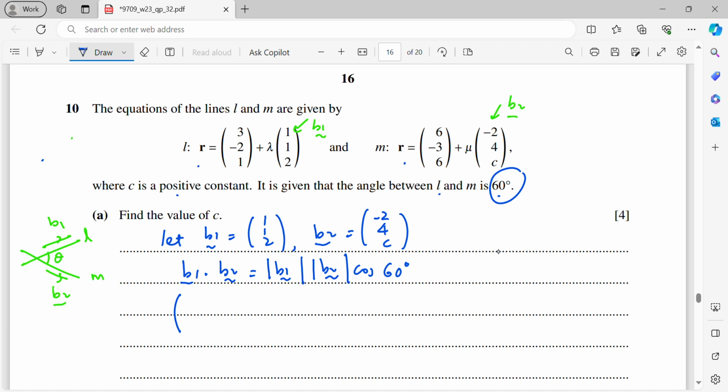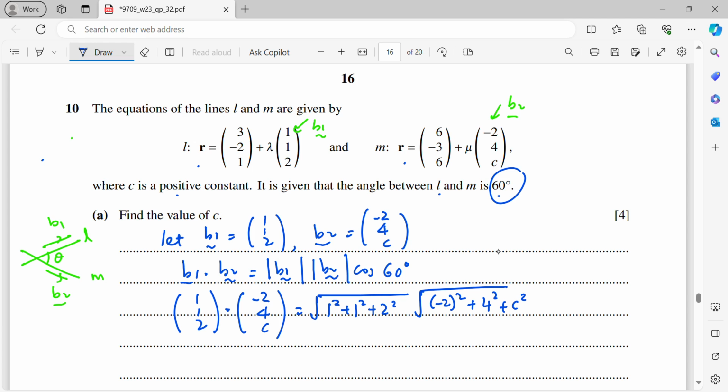So now (1, 1, 2) dot (negative 2, 4, C) equals square root of 1 squared plus 1 squared plus 2 squared. That will be the magnitude of the B1. And then the magnitude of B2 is square root of negative 2 squared plus 4 squared plus C squared. Then cos 60 is basically half.